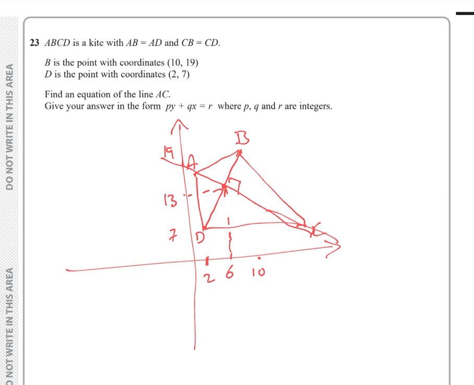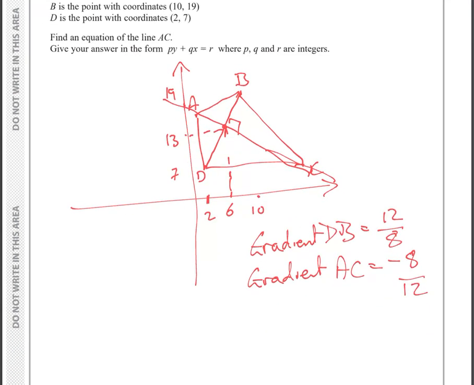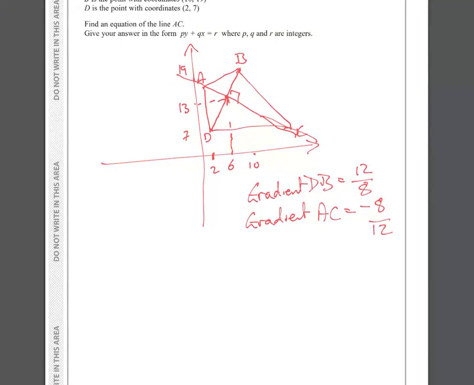And the gradient of DB is rise, which is 12, over run, which is 8, which means the gradient of AC is minus 8 over 12, negative reciprocal, and it goes through the point 6, 13.